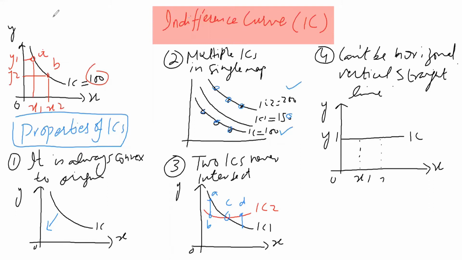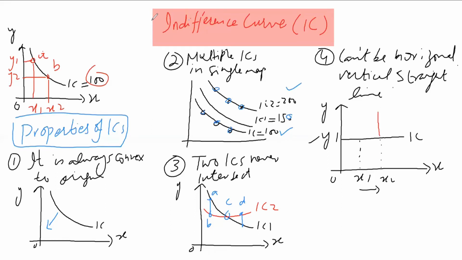So this IC curve shows that if the consumer purchases Y1 quantity of Y good, then he can purchase X1 quantity of X good, or he can purchase X2 quantity of X good, which is against the basic property that whenever a consumer purchases more quantity of one good, he has to reduce some quantity of the other good. But in this situation, he is getting the same quantity of Y good, but he can increase the quantity of X.